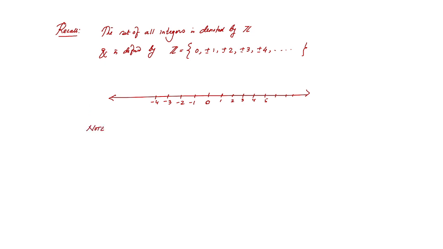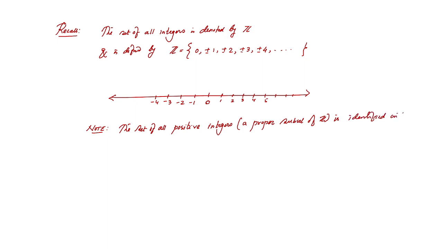Here, note the set of all positive integers, that is a proper subset of Z, is identified with the set of natural numbers, the set N. Now the question is, what is N?